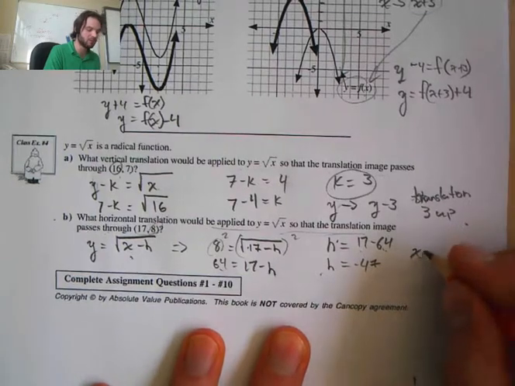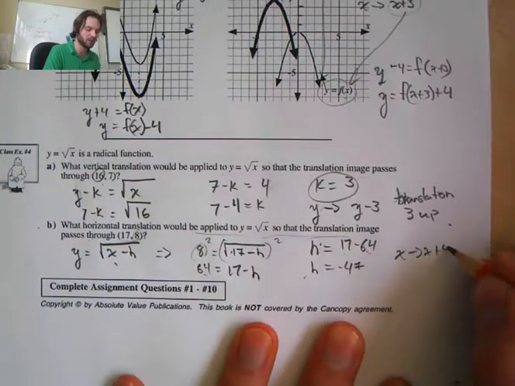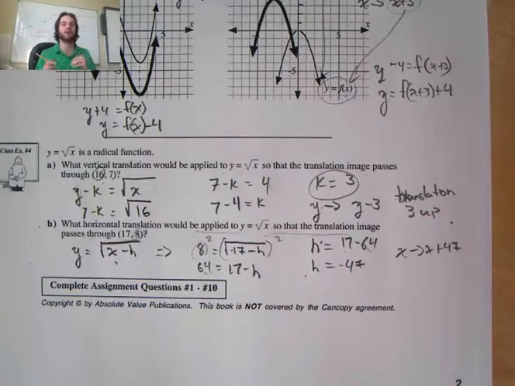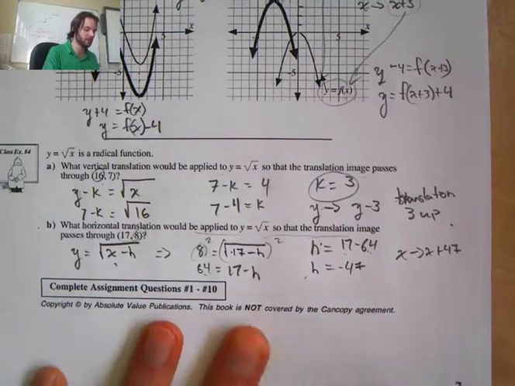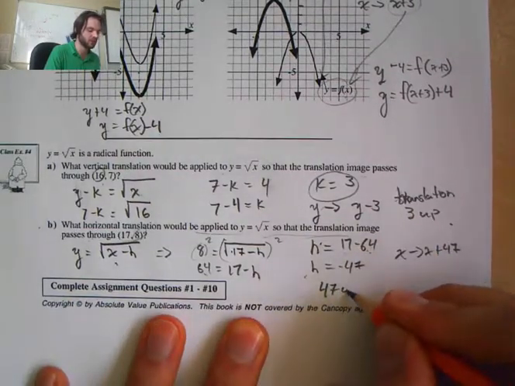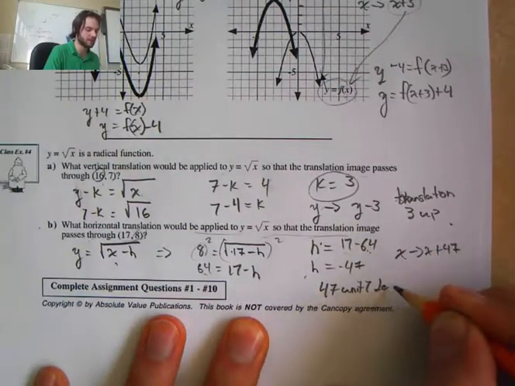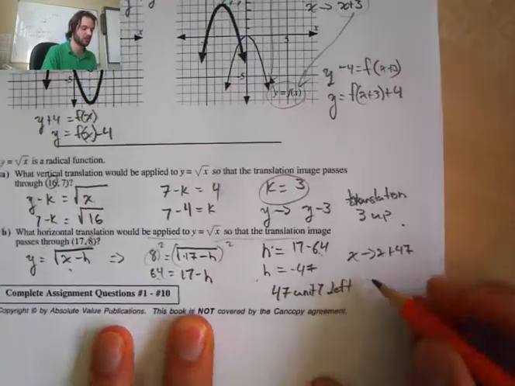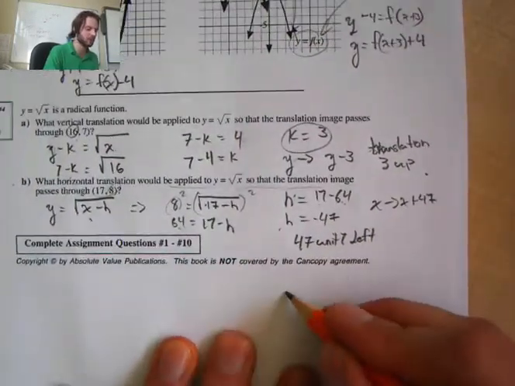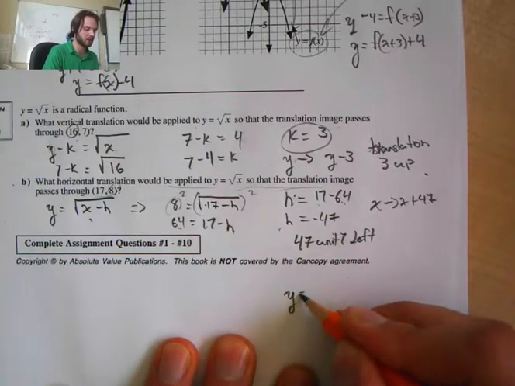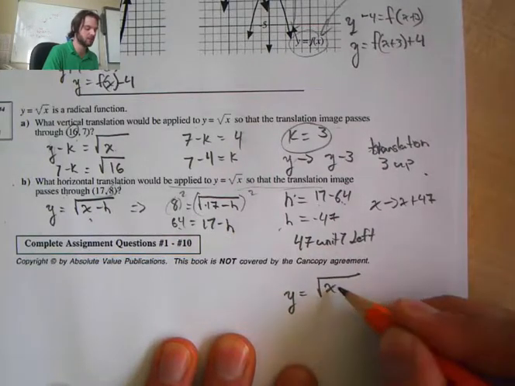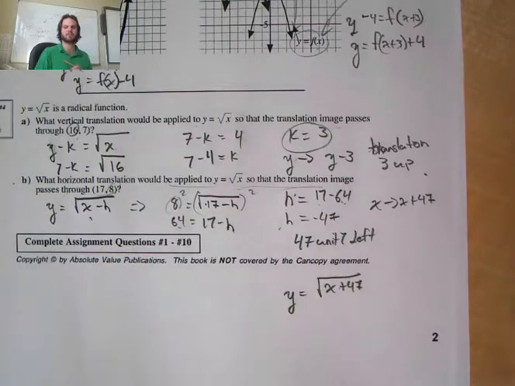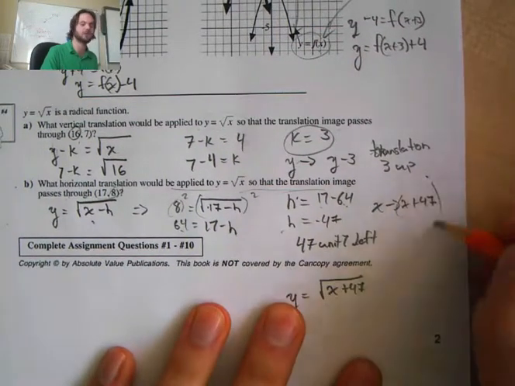So x is replaced with x plus 47, which gives me my formula, y is equal to square root of x plus 47. Just like that. Okay? So hopefully you get this and you understood it. And good luck as I see you tomorrow as we tackle these together.